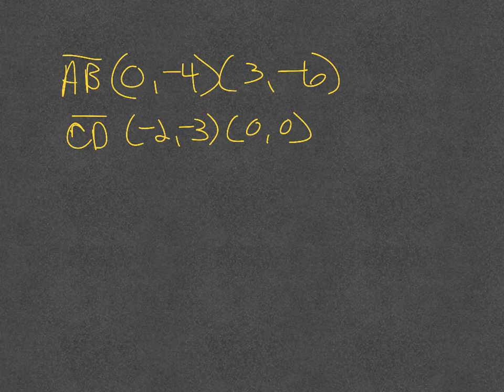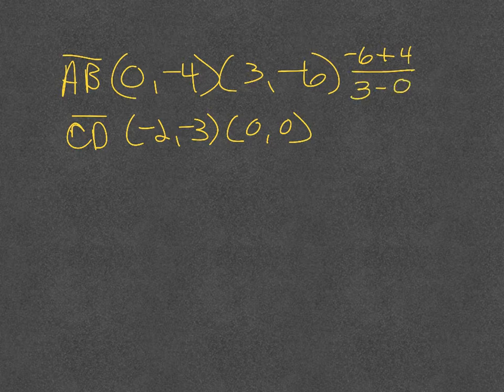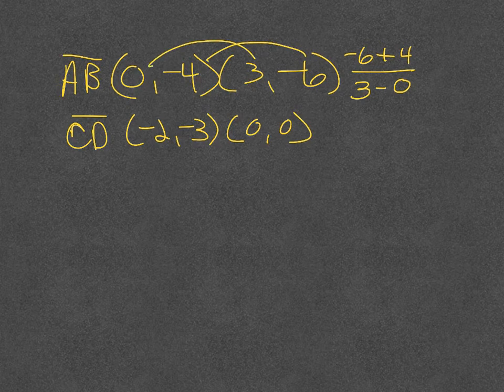All right, so we need to find the slope. So negative 6 minus negative 4 over 3 minus 0. You subtract the y's and subtract the x's. So this will be negative 2 over 3.